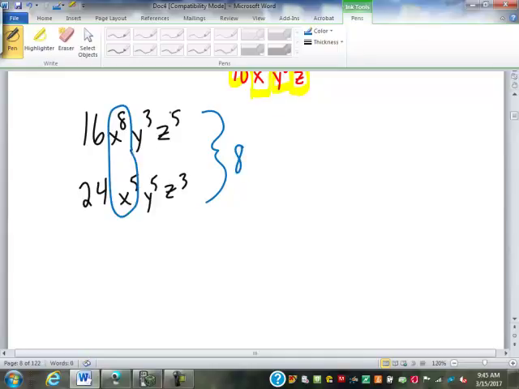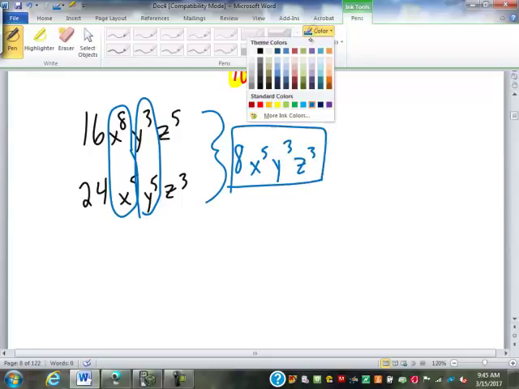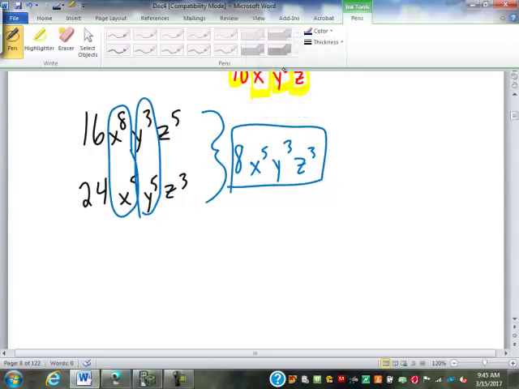X to the 8th and x to the 5th? X to the 5th is the smaller power. Y to the third and y to the 5th? Y to the third is the smaller power. For z, z to the third is the smaller power. What do you think?